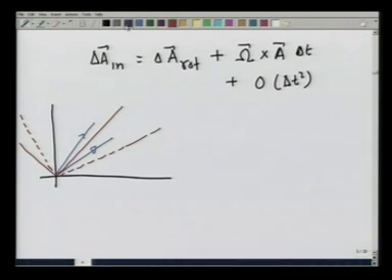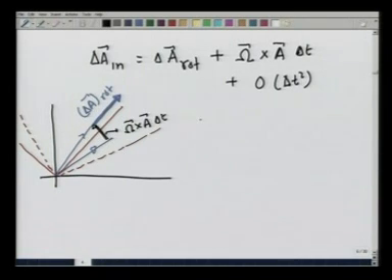This change here is given by omega cross A delta t, and then in addition we change it further by this much amount, and this is the only change observed in the rotating frame. When we add the two, it gives me the total change.